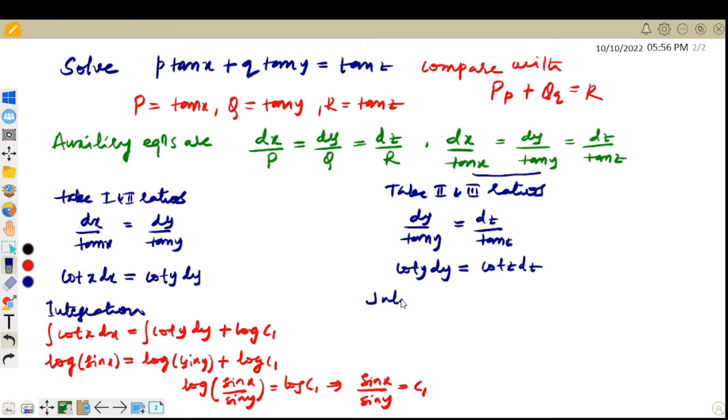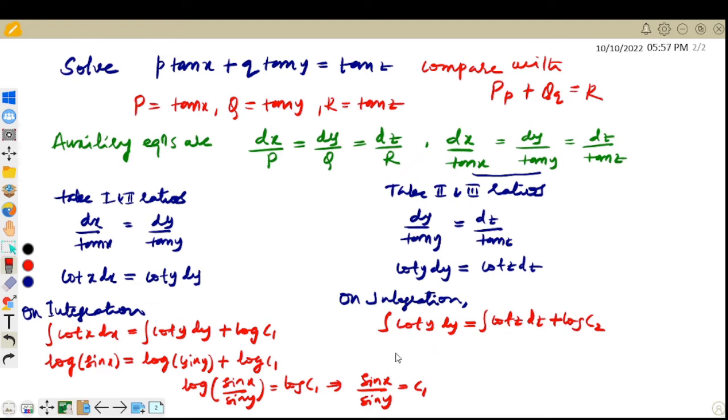On integration, integrate this. It will become integration of cot y dy is equal to integration of cot z dz plus log of c2.